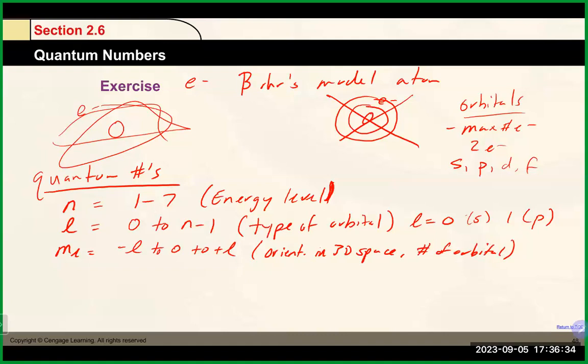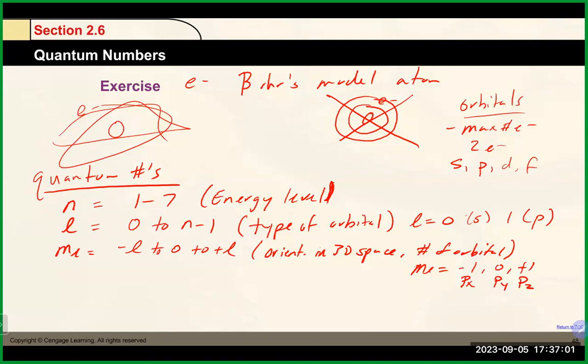We could do an m sub L value for every L value that you have. For example, for an L value of 1, m sub L would be minus 1, 0, and plus 1. Each of these represents a different type of p orbital: our px, our py, and our pz orbital.